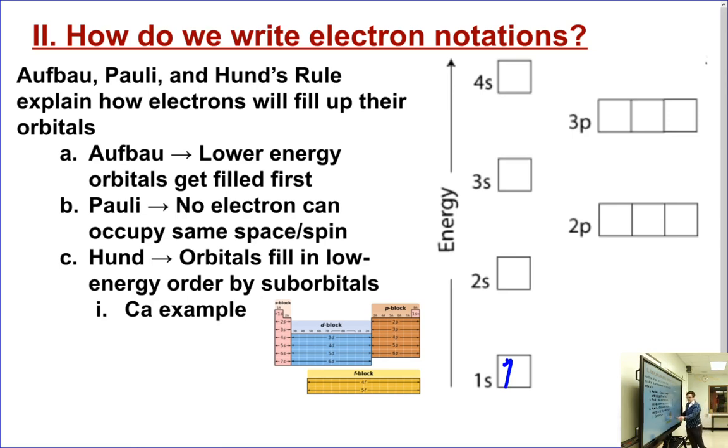But we're going to follow Pauli's exclusion principle, saying electrons push each other away, so they're going to spin in opposite directions. One electron's going up, the other electron's going down. We're good here? All I've done is 2. We're going to 20. So how many are in there? 2 electrons right here.